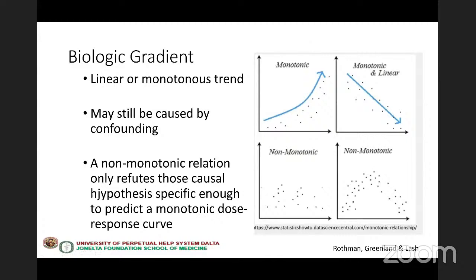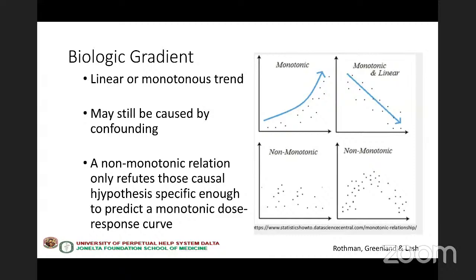Next, you have your biologic gradient. So it is a linear or monotonic trend. It could still be affected or caused by confounding. And it shows that a non-monotonic relation only refutes those causal hypotheses specific enough to predict a monotonic dose response curve.